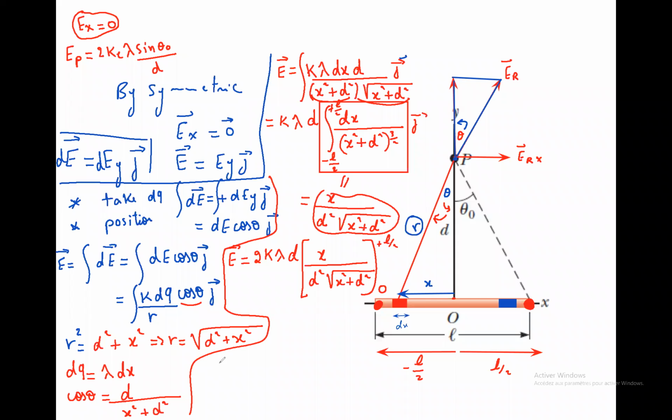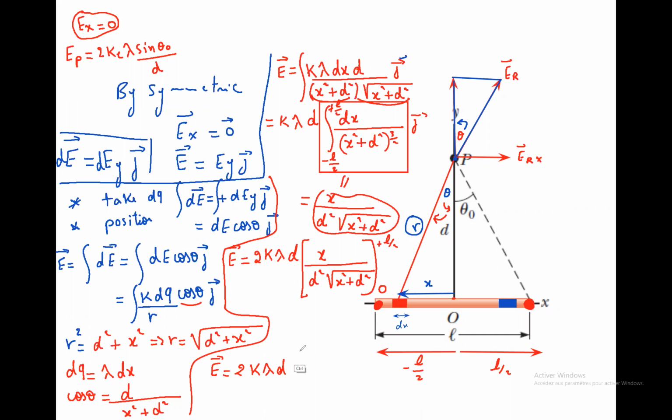We can say here E equal to k lambda d, you know that integral from A to B equals B minus A. Okay?